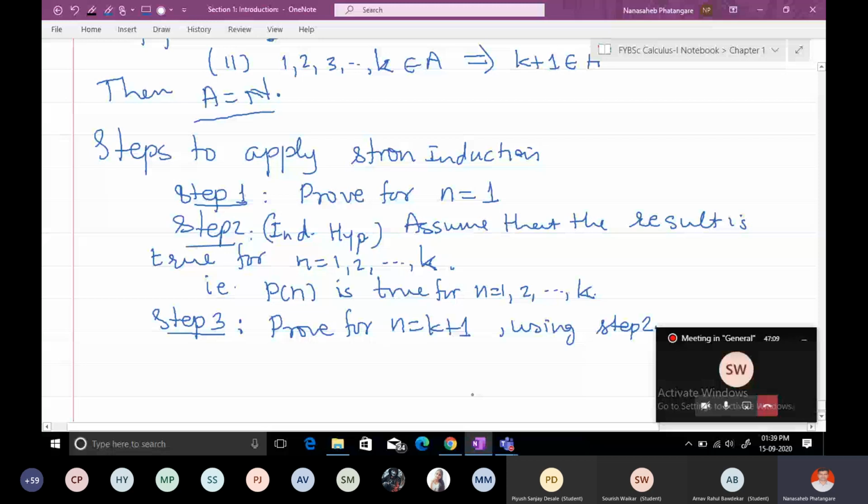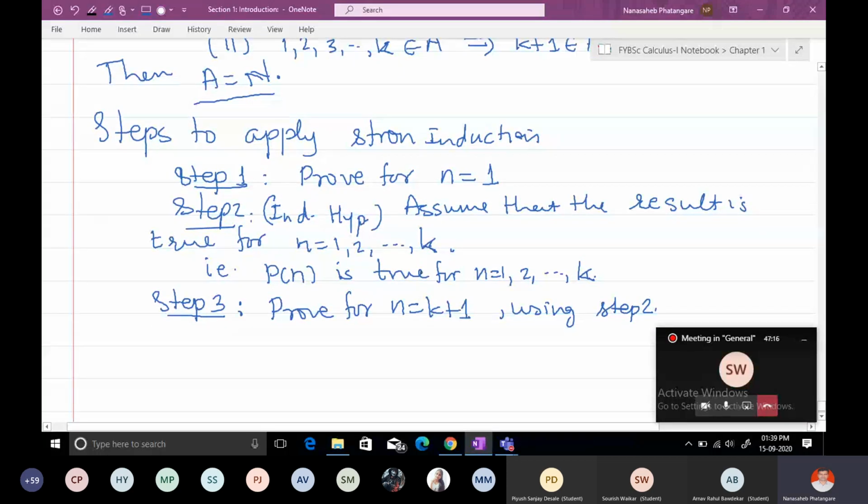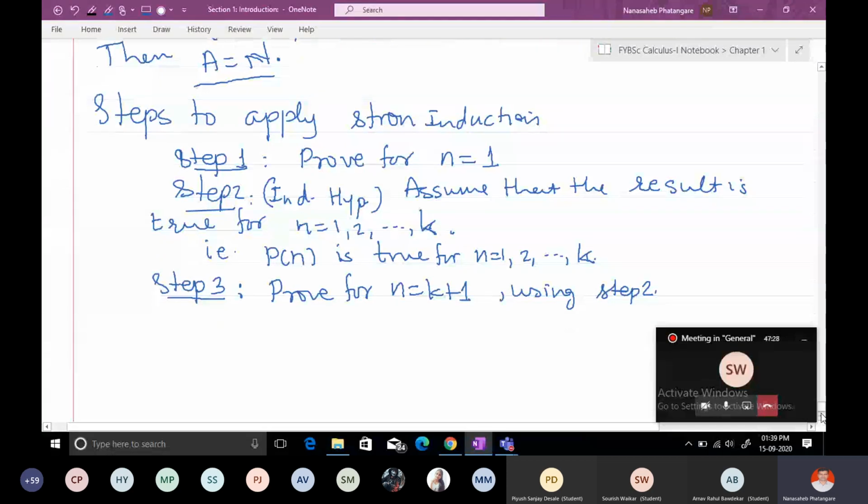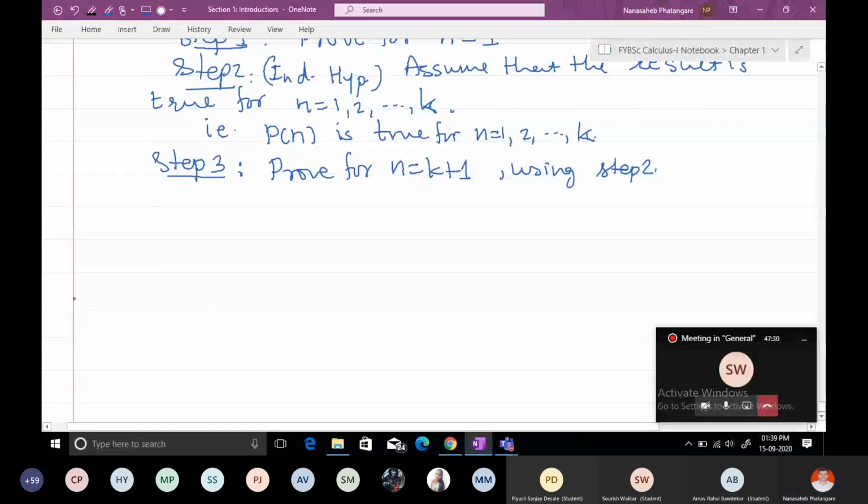So first and third step is somehow same, only second step is different, right? But this gives more power, because we are assuming for all numbers from 1 to k, and this gives some additional power in our hand, and that makes our job easy to prove some statements. Right. So is it clear? Steps are clear now?